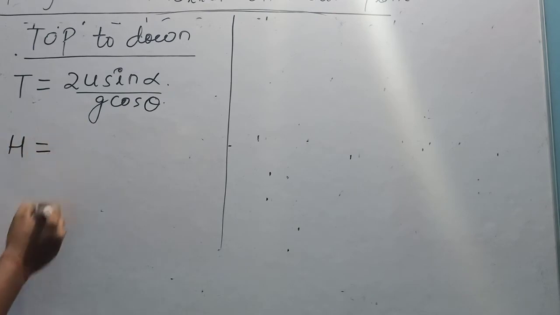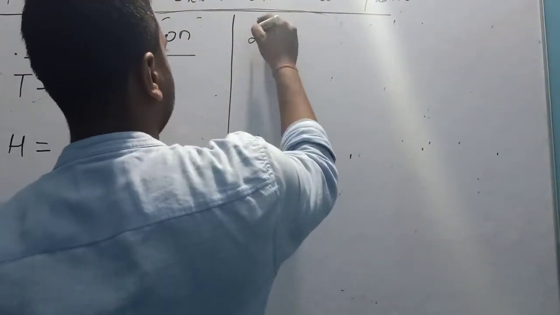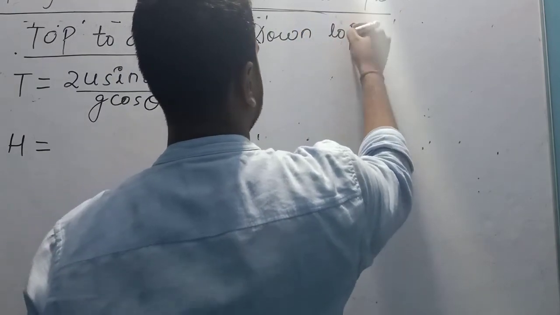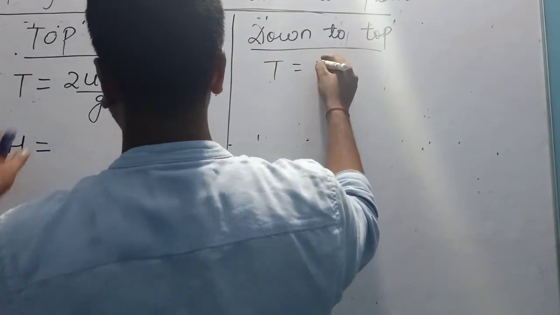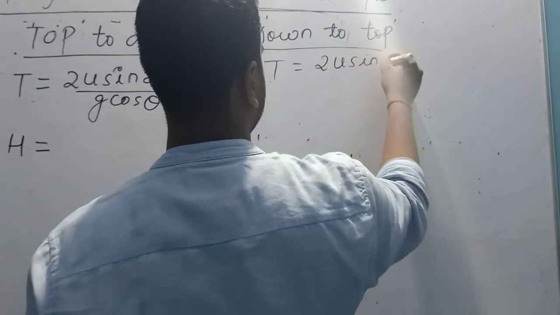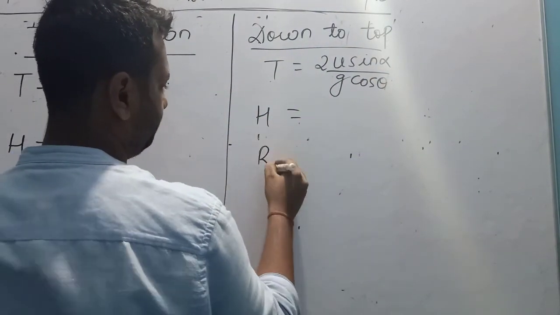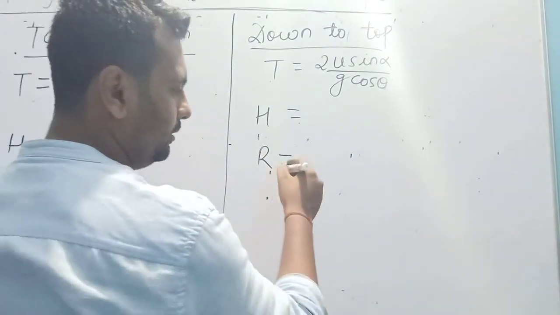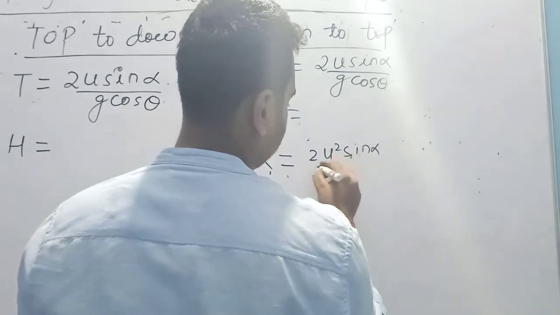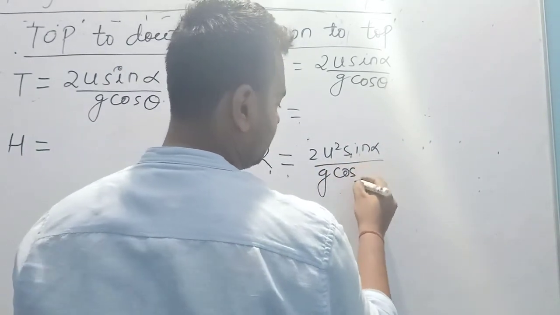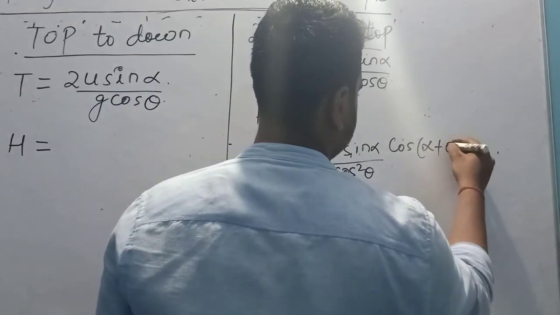What was the value of maximum height? In down to top, time of flight was the same as that of top to down, 2u sin alpha upon g cos theta, and range in down to top was 2u square sin alpha upon g cos square theta into cos alpha plus theta.